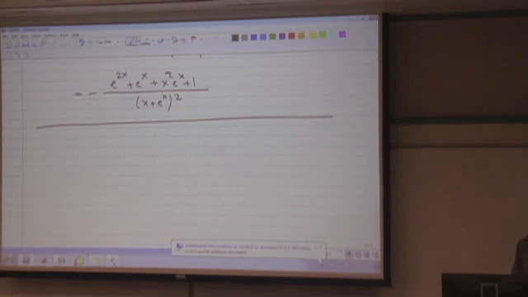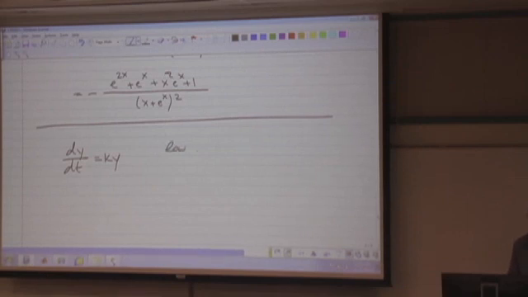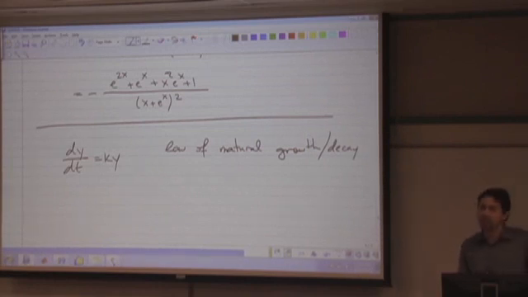the idea is the following: dy/dt = ky is called the law of natural growth slash decay, depending on whether k is positive.